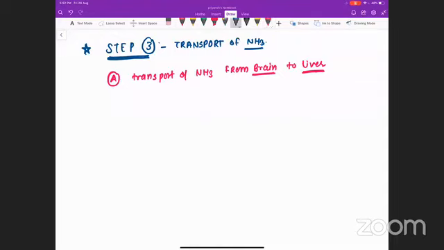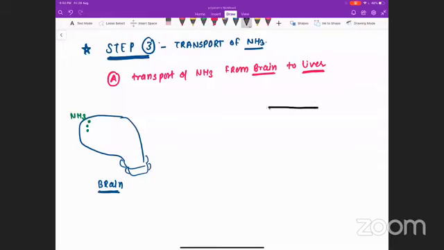See, what happens is, let's say this is the brain tissue. In the brain, a very small amount of ammonia can be generated, and we need to transport this ammonia all the way to the liver.